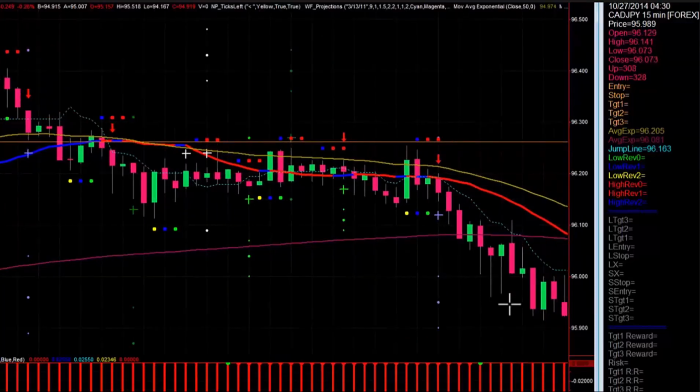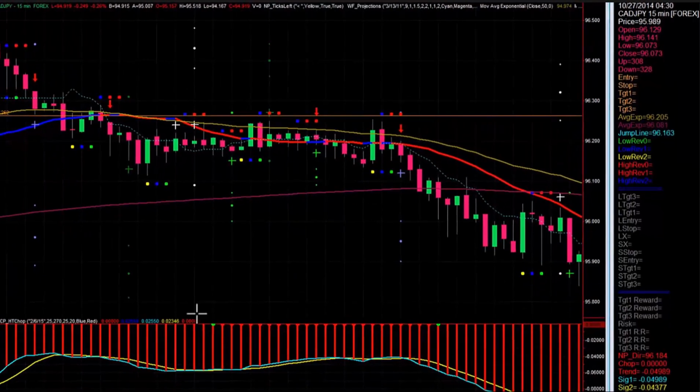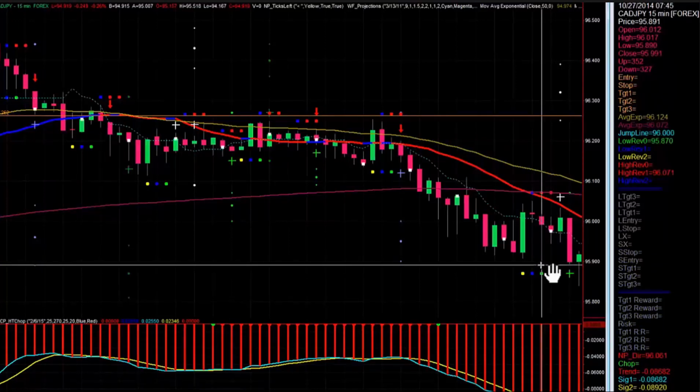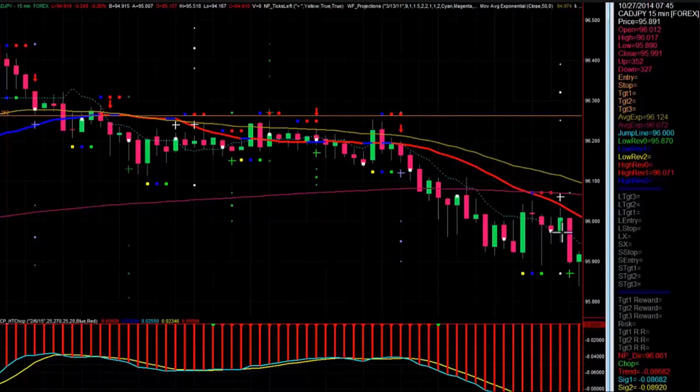It even goes down further, and it gets to the third target, and the third target is at 95.89, and that stabs down to 95.89. Again, mysterious ways, hits it perfect, and also hitting this third target as well. Plus trailing all the way down to at least to here.